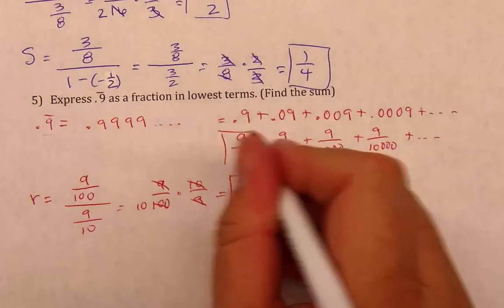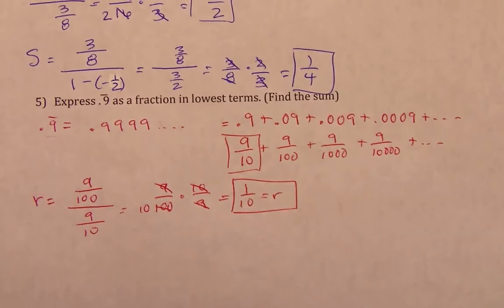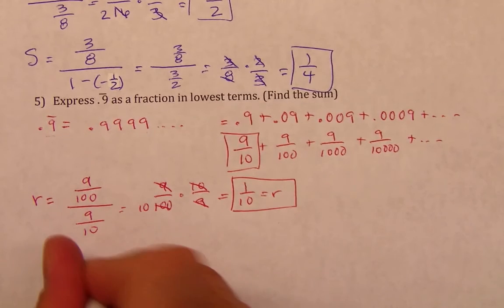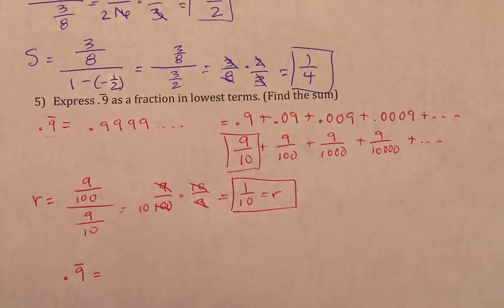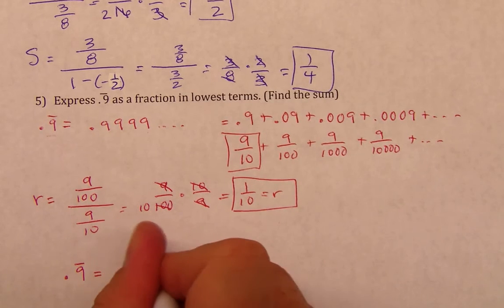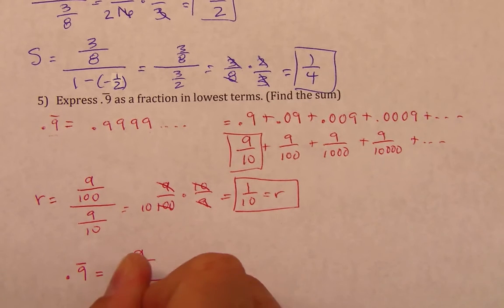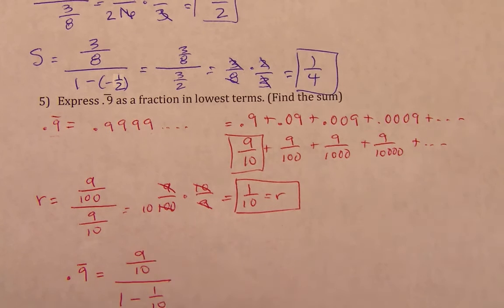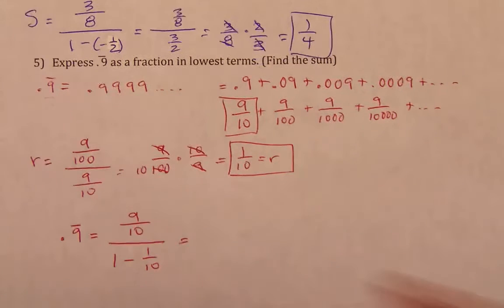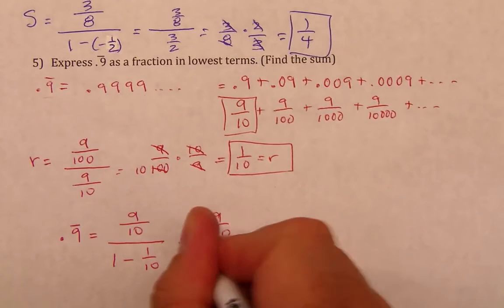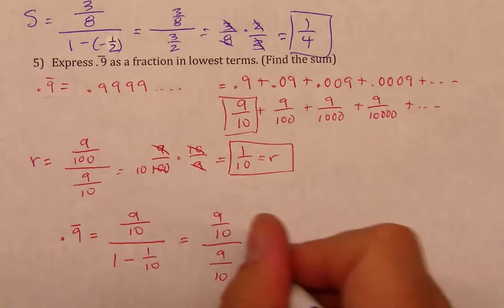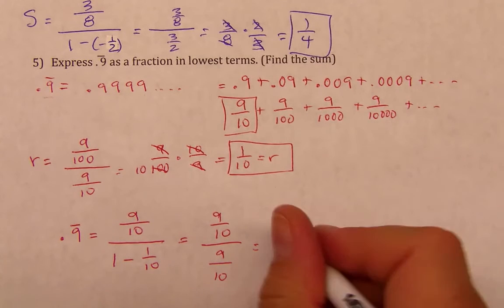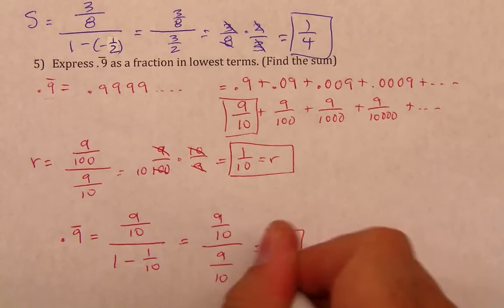And our first term is 9 over 10. So 0.9 repeating is equal to 9 over 10 over 1 minus 1 over 10. That gives us 9 over 10 over 9 over 10. And we know that anything over itself is equal to 1.